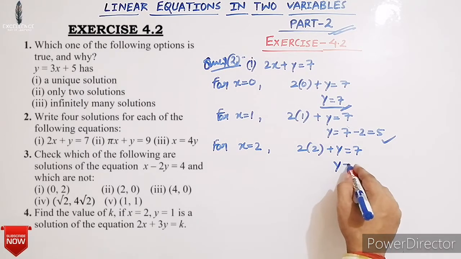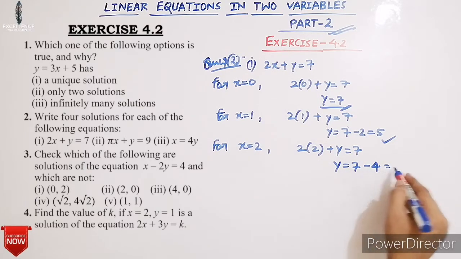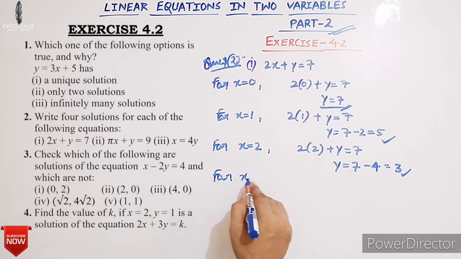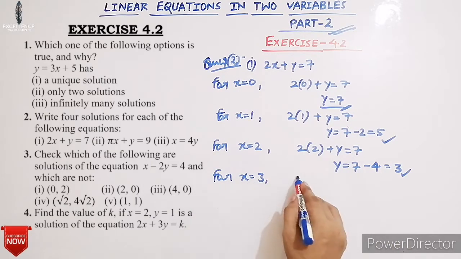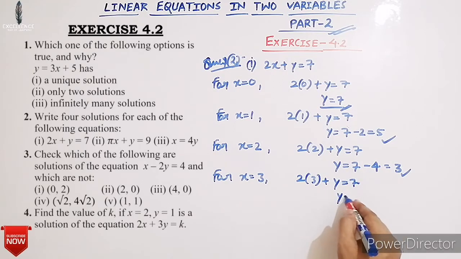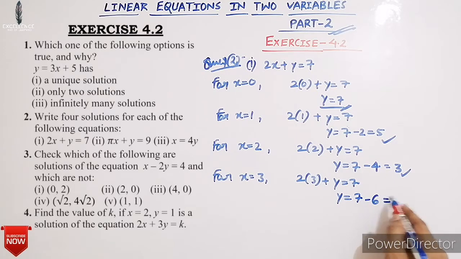So we have y is equals to 7 minus 4, that is equals to 3. Now for x is equals to 3, we have 2 into 3 plus y is equals to 7. So y is equals to 7 minus 2 into 3, that is 7 minus 6. So here we get y is equals to 1.